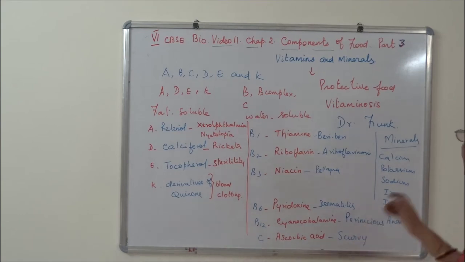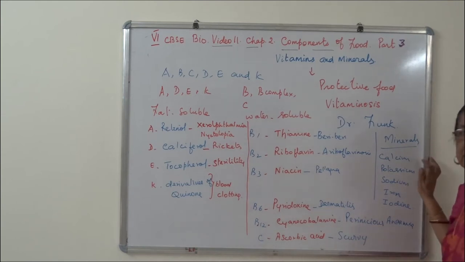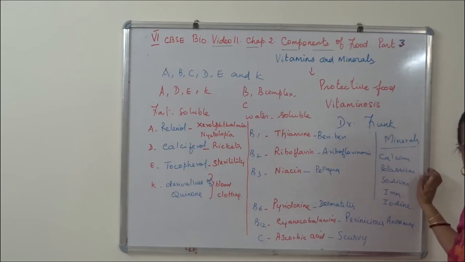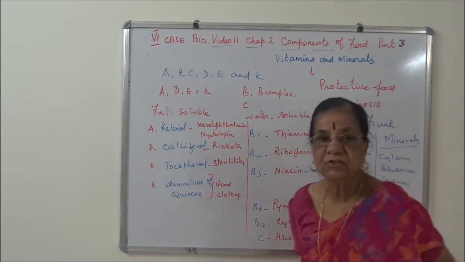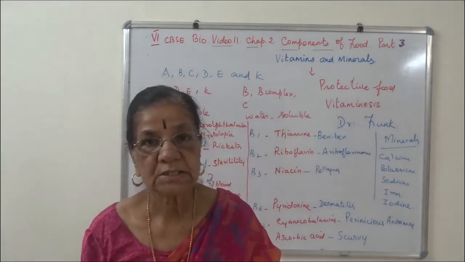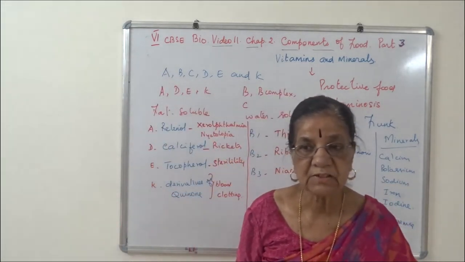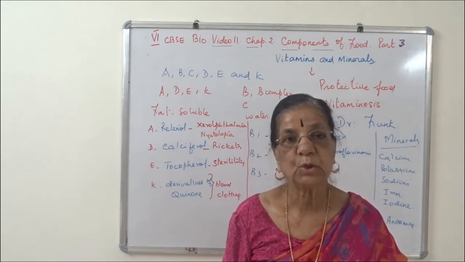When calcium is deficient, it affects the bone. If sodium and potassium are not in the required quantity, then nerve impulses will not be transmitted properly. And iron is needed for circulation of blood, where blood contains the respiratory pigment hemoglobin.